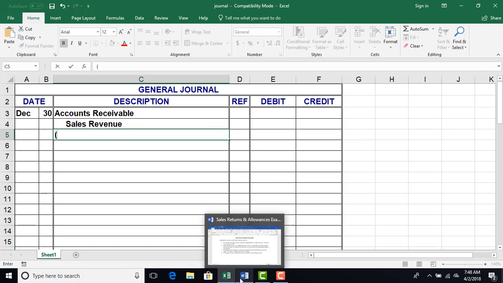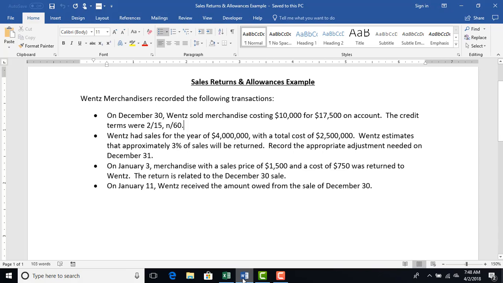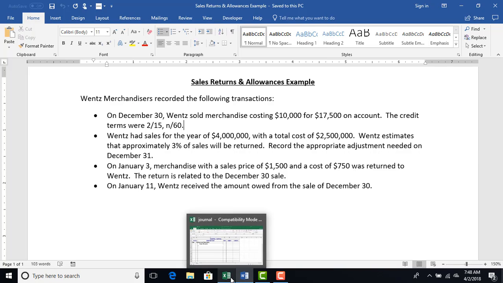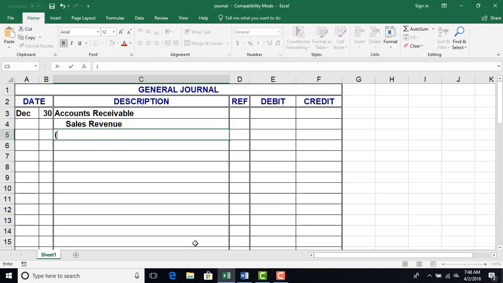Remember, because we're taking that discount away right away, we have to figure out what that discount is. So 17,500 times 0.02. I'm going to take 17,500 minus 17,500 times 0.02, and really, that's what the calculation will look like.